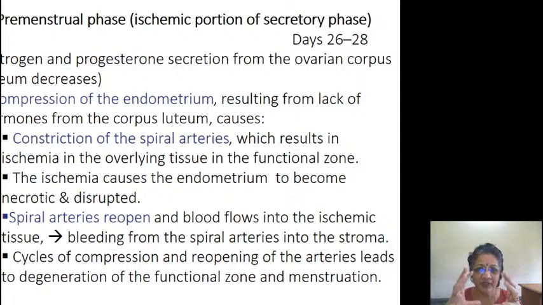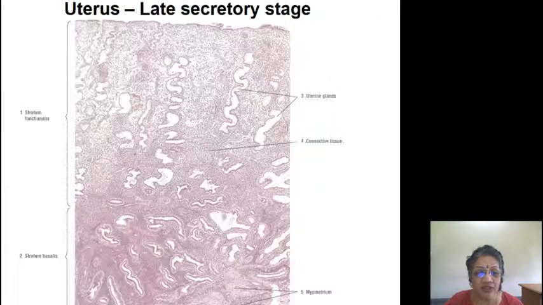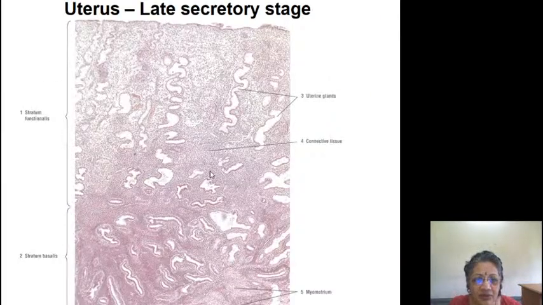This must happen, a tightening and then a bleeding, and then a tightening and a bleeding, for that whole three-quarters layer to die, to become necrotic and to slough off, and therefore be lost in the menstrual flow. So in a late secretory phase, you're seeing depletion of everything, and you see RBCs pooling in between the stroma, a lot of loose RBCs. So the stratum functionalis looks a little disrupted.